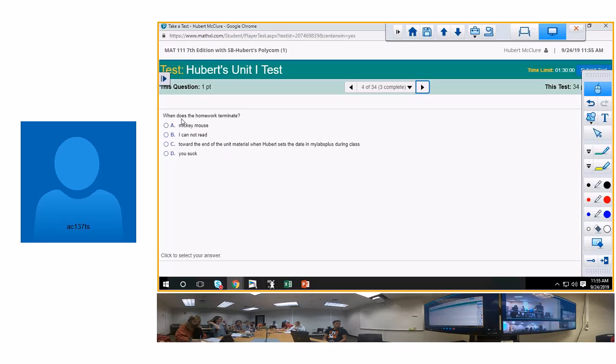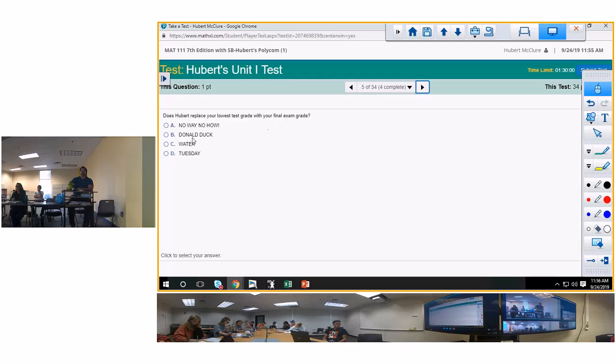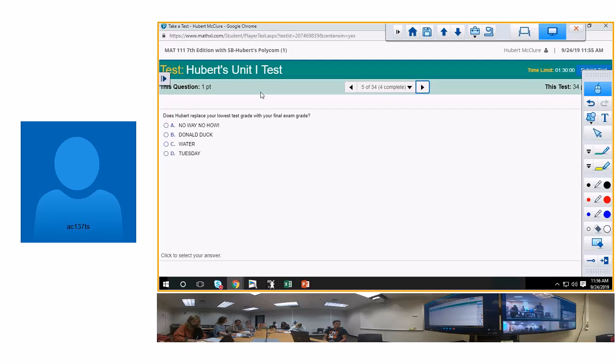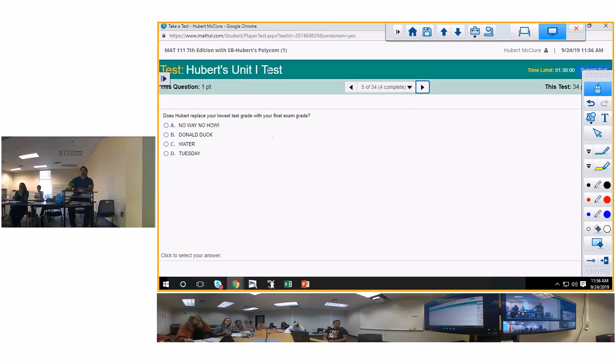When does homework terminate? Toward the end of the material. When not. This is the deadhead question that was asked. The guy that didn't bring any books, didn't bring any pencils, didn't bring anything to class. After grade turn-in, he said, "Oh, I thought you were going to replace the lowest grade with the final test grade." Does it say yes?